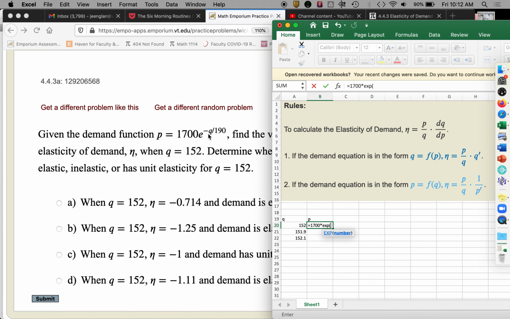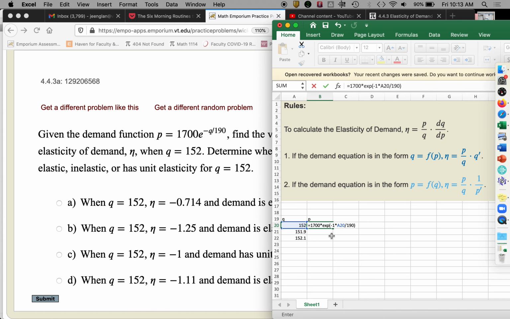You're going to have to call that -1 times, and then I want to click on the 152, and then divide by 190. Make sure with Excel that you don't ever just put this negative, unless it's something that's actually being subtracted. Negative Q, it would totally do that incorrectly if I just put the negative without the 1. So -1 times, and then I clicked on my 152, and so on.